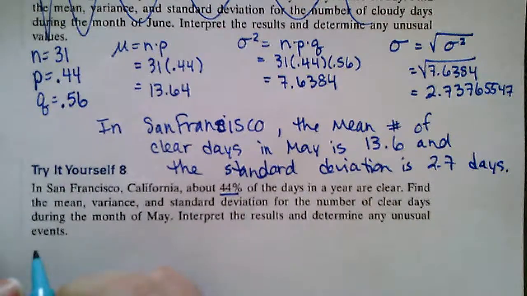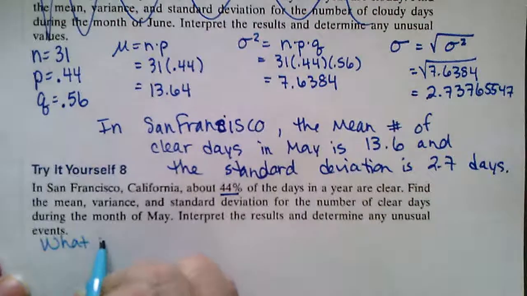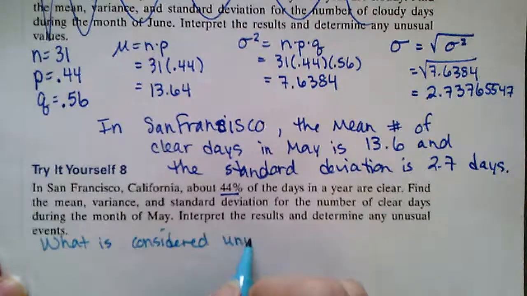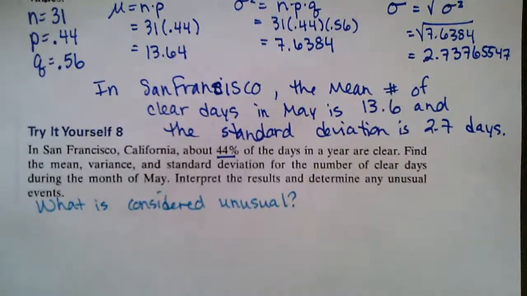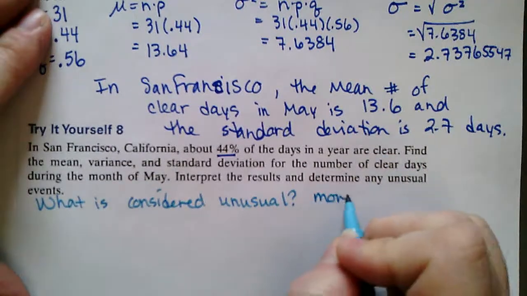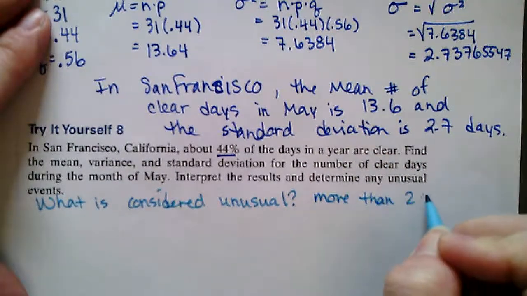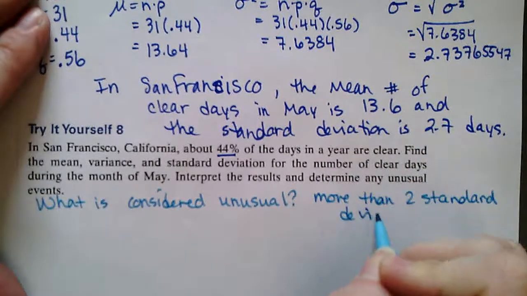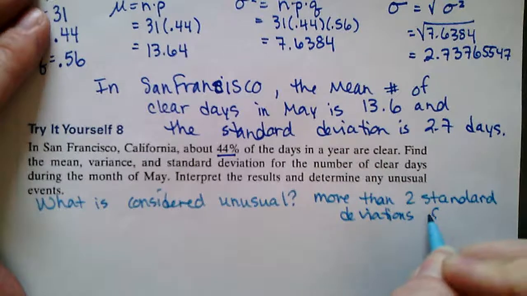What would be considered unusual? Remember back when we talked about distributions, we said what would be considered unusual would be more than 2 standard deviations from the mean.